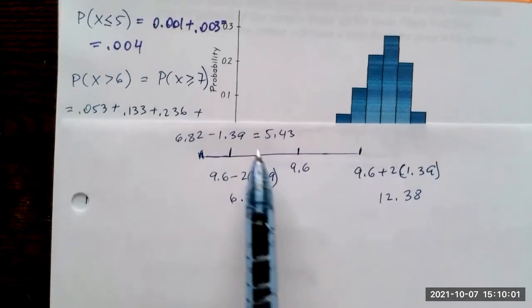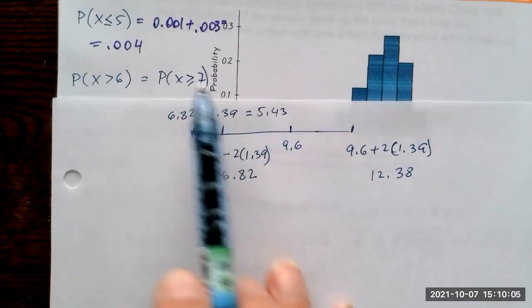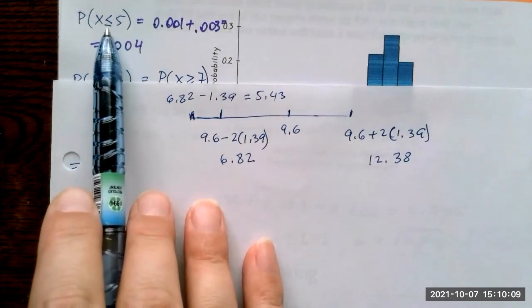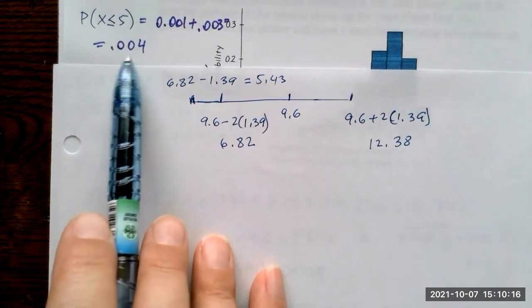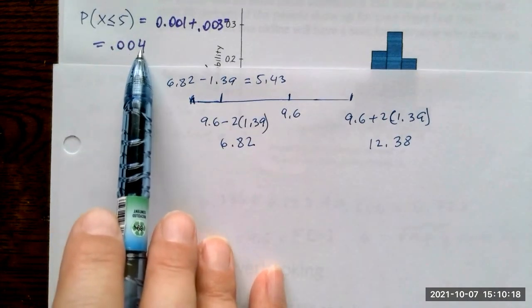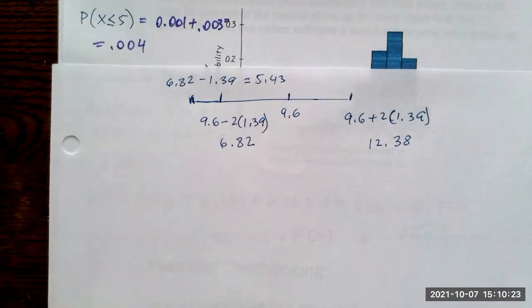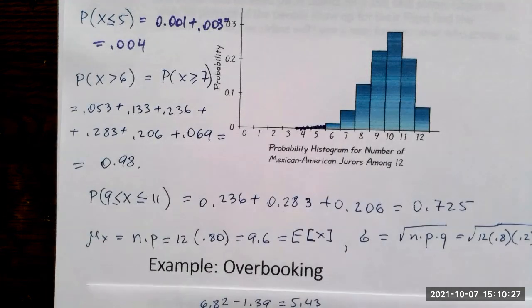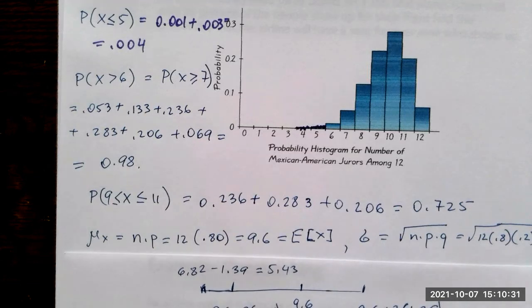Anything lower than 5.43 would be abnormal. So if we have fewer than 5 successes, that's an abnormal value. I make the same conclusion from the probability we saw. This probability is very low, so yes, it is abnormal. And this is it for this example. We're going to do one more.